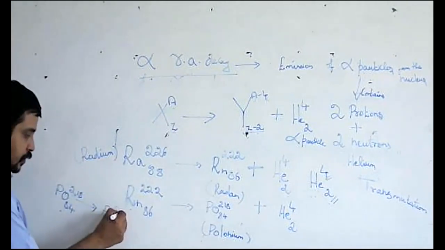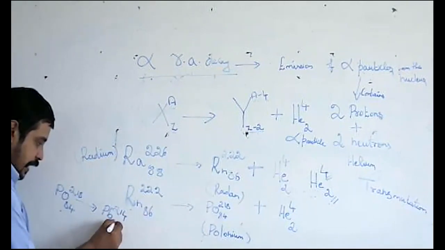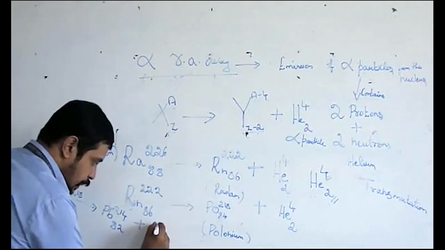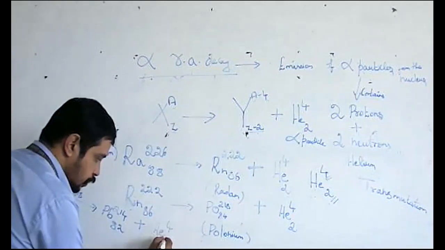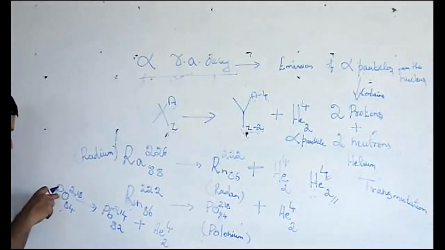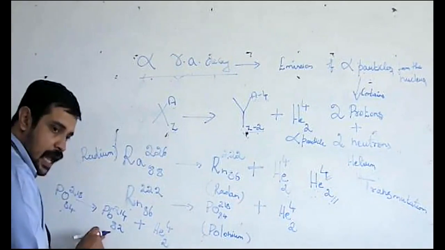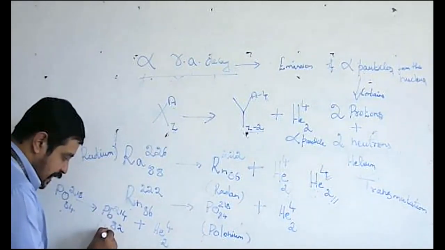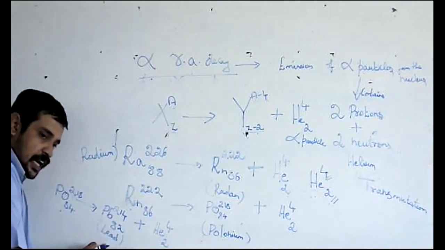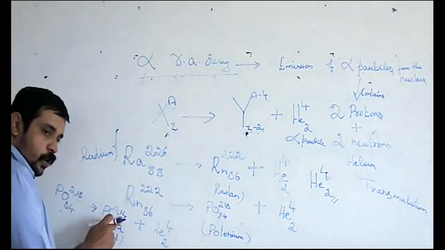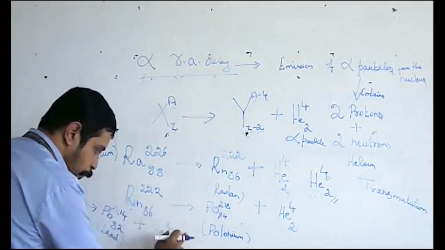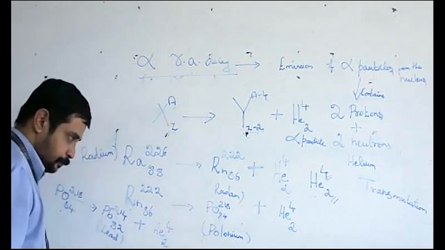I hope you can calculate. 214, 82 plus helium 4 and 2. This polonium is again undergoing alpha radioactive decay and is converted to lead. This is lead. Pb stands for lead, and you have a reduction of 4 in mass number and 2 in atomic number with the production of an alpha particle.